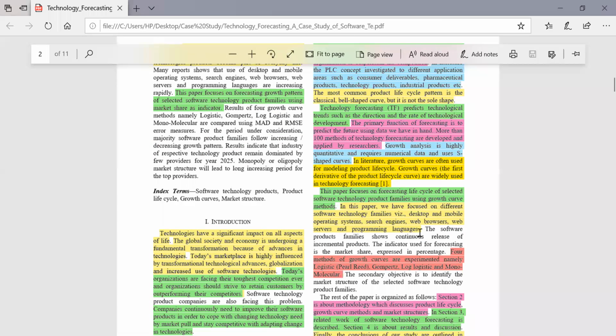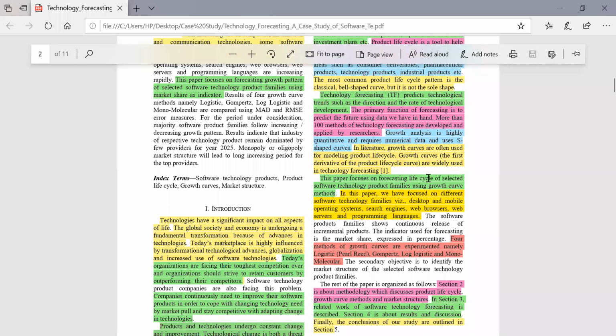Basically, this paper focuses on forecasting the life cycle of selected software technology products using growth curve methods. There are many software products available in today's world, and these are being analyzed and forecasted with respect to their life cycle using different growth curve methods.